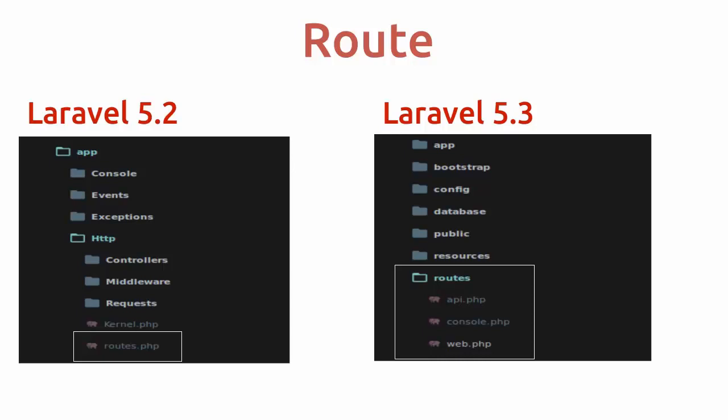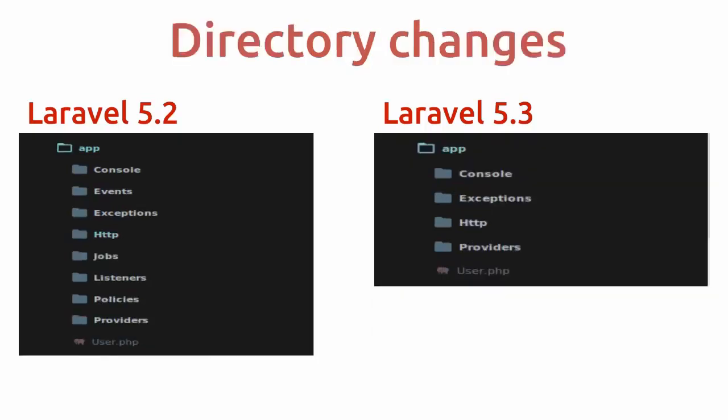In this directory, there are 3 files. api.php: here we can define routes for API purposes. Then console.php: here we can define routes that can be accessed in a console or command line application. And the web.php file is used to define routes for web applications. So from this explanation, if you see me make a route in the routes.php file, then you can make it in routes/web.php. The second change is the directory structure.